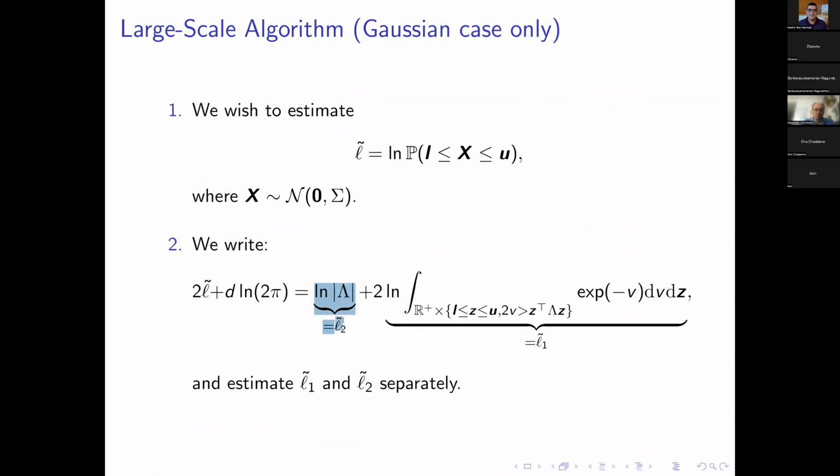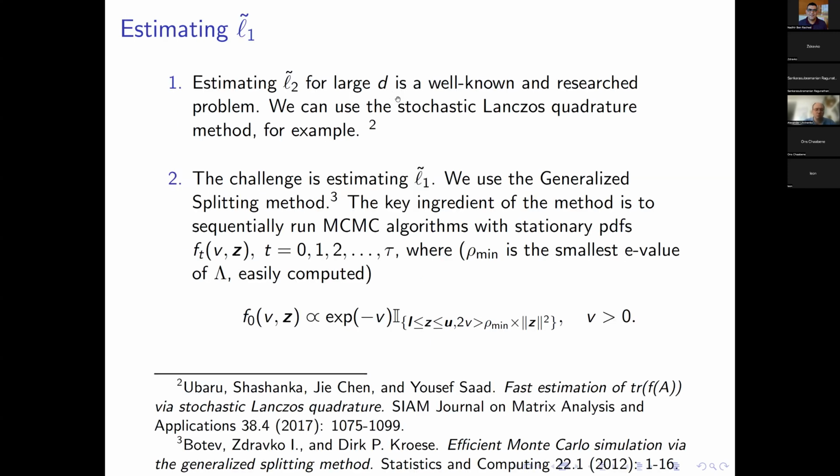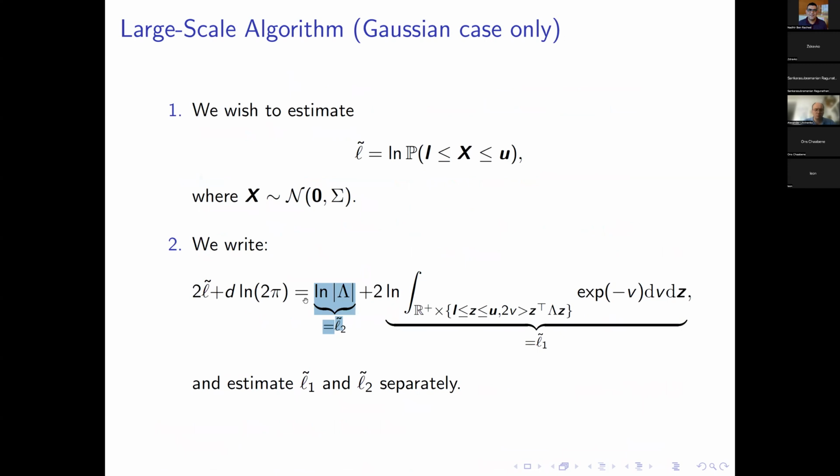So basically, I'm using the well-known stochastic Lanczos quadrature. It is very fast, works, you know, a small Monte Carlo sample size gives you highly accurate results, and it takes a fraction of a second. And it allows you to approximate the log determinant of huge matrices. So this is what we use for the log determinant.